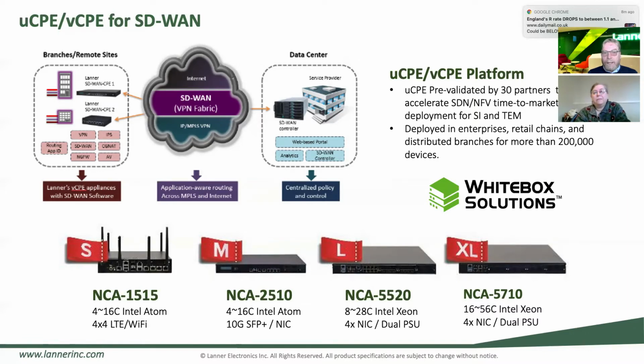So that's the advantage here, and we have done strong validation with over 30 partners who operate the software on top of the actual physical hardware. So these are some of the elements for scalability when you deploy multiple branches with universal CPEs or virtual CPEs.